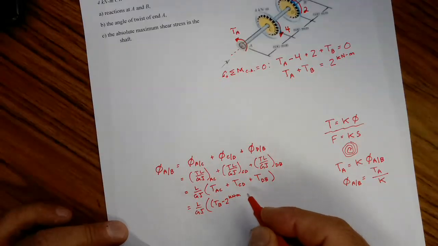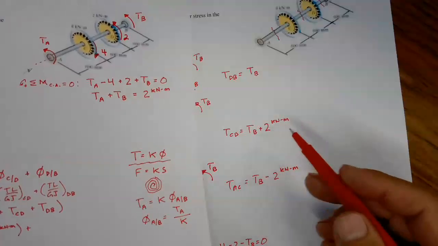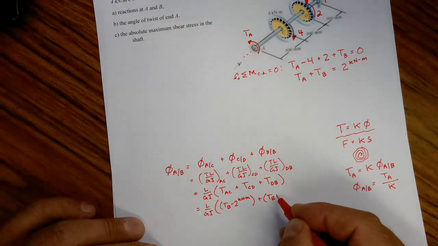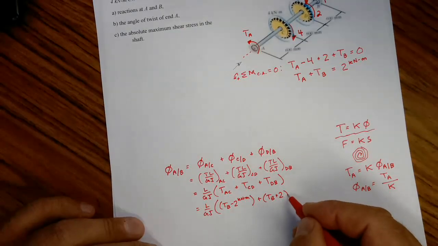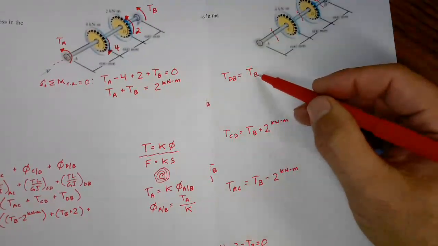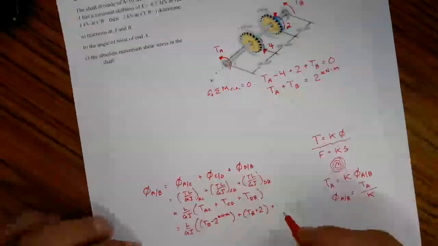I'm writing units on one of them so we don't forget it. Plus TCD. TCD is TB plus 2. Plus TDB. TDB is just equal to the reaction at TB.